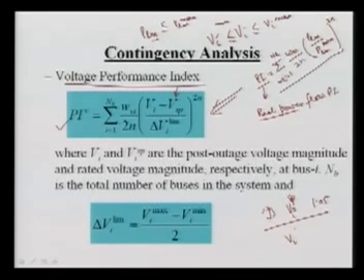So V_i specified is equal to 1 per unit. Even though this is a general value I am talking about, if you are not going for 1 per unit but some other value, then you can specify how much you want and how much the deviation is.